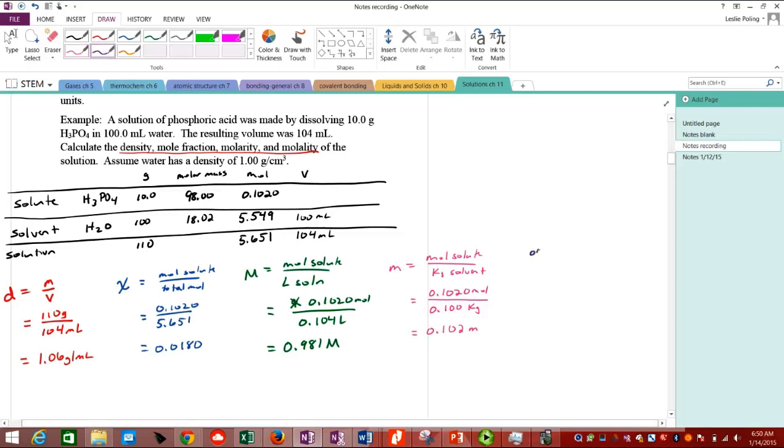Now you know what? The problem didn't ask us to do it, but let's do our percent by mass. So that would be grams of our solute over grams of our solution times 100. So we have 10 grams of solute, 110 grams of solution.